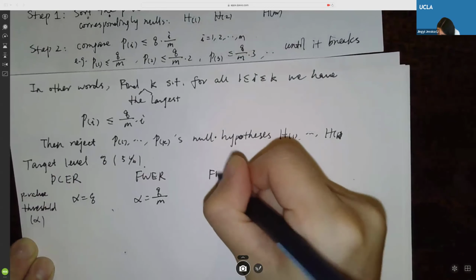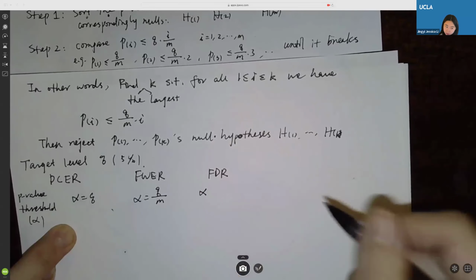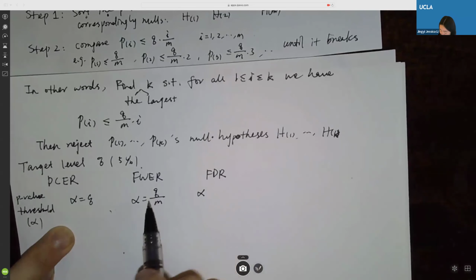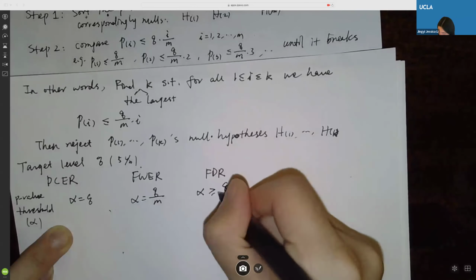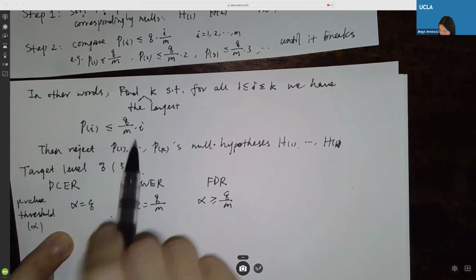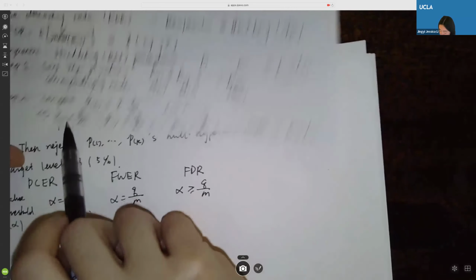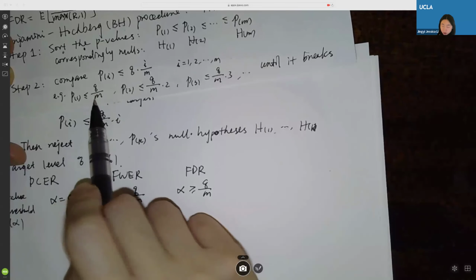While for FDR, we will have alpha, who knows, but it is definitely bigger or equal than q over m, as long as the first p-value holds. If this inequality holds, then the p-value threshold must be bigger or equal than q over m.